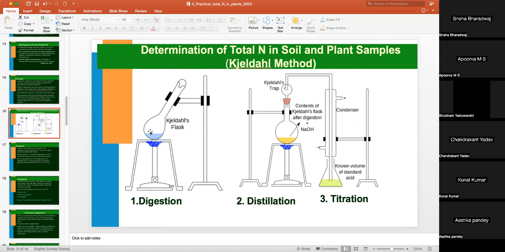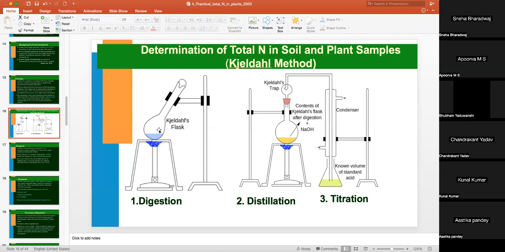Ammonium can easily form ammonium sulfate because you have added sulfuric acid here. Organic nitrogen can be broken down by sulfuric acid, because decomposition of organic matter will result in ammonium form of nitrogen, and that ammonium can react with sulfuric acid to form ammonium sulfate. The third form is nitrate.